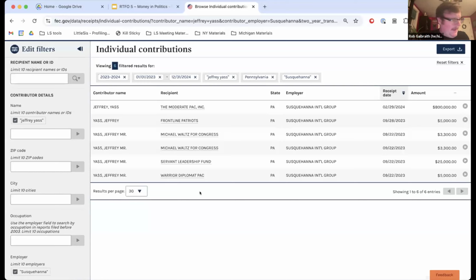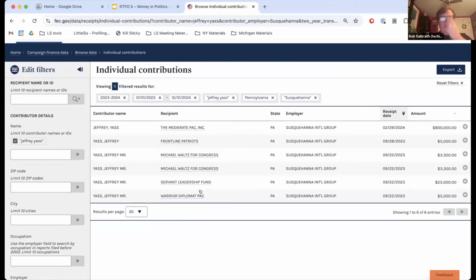Finally, the last thing I want to show, and I think this is it before I hand it off to Jen, is that usually what I'm going to do is download all of this information and bring it into a spreadsheet program. I can then easily add it all up to see the total amount this person has given in the time period I'm looking at. Or I can add up and say this guy gave this much to this person.